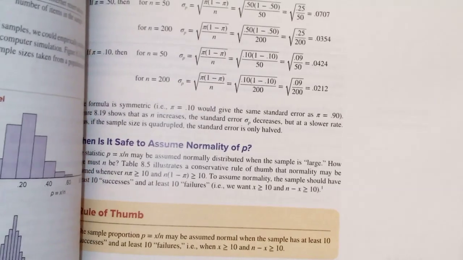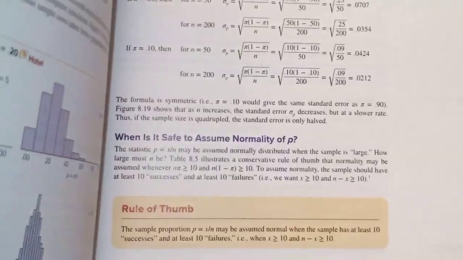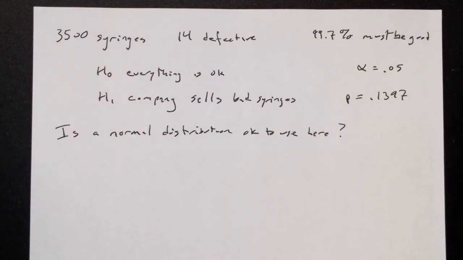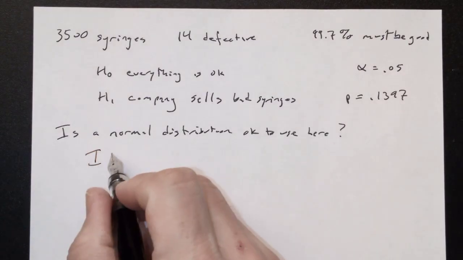Now we had 3,500 needles. If this had been a good sample, then I would have 3.3% of those as our value.